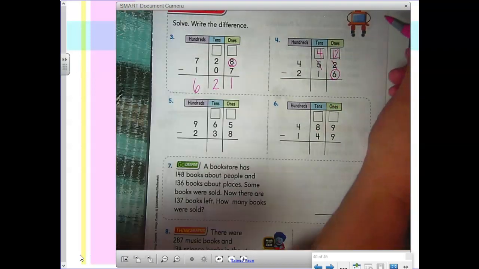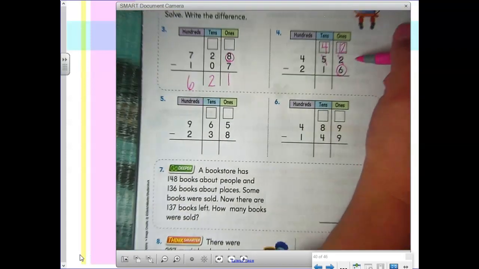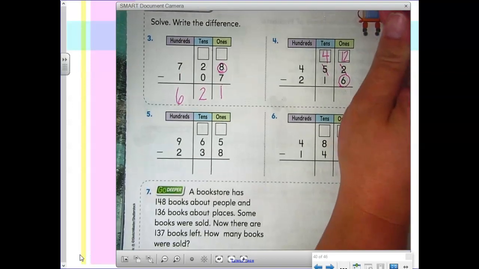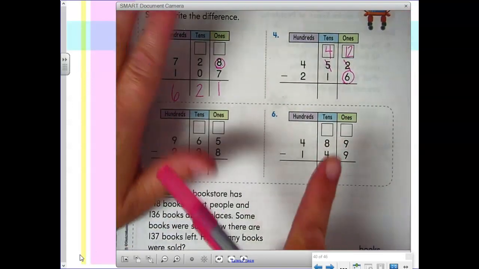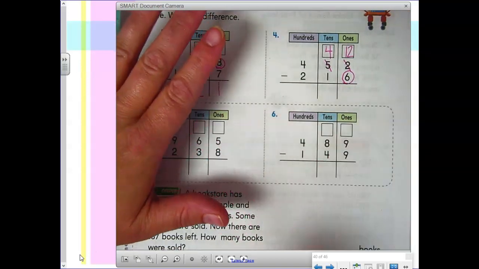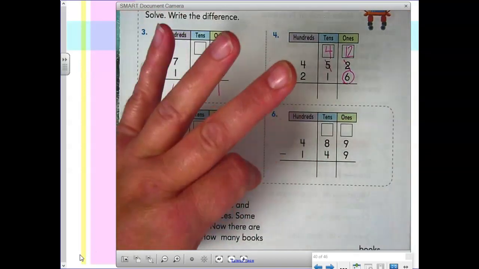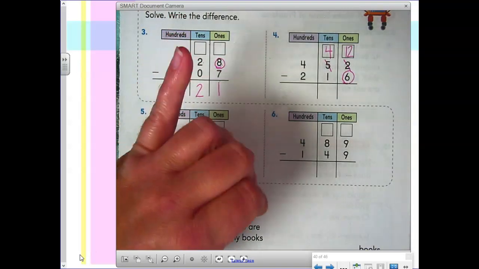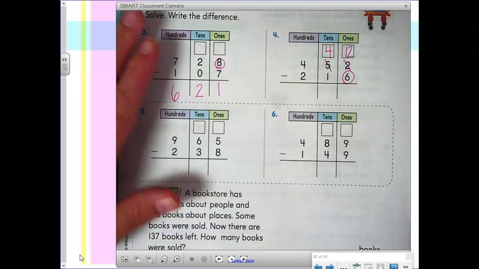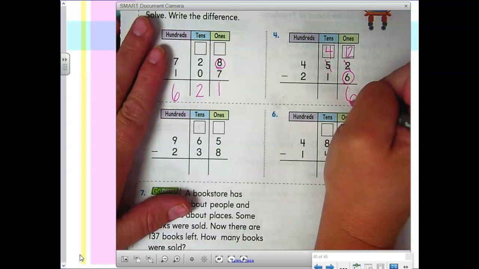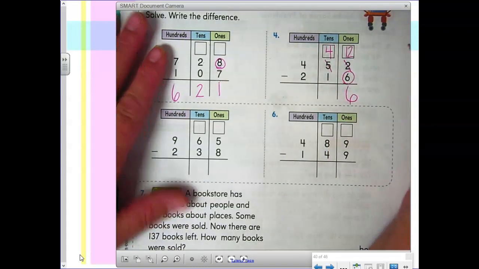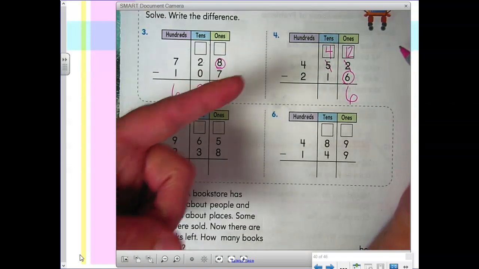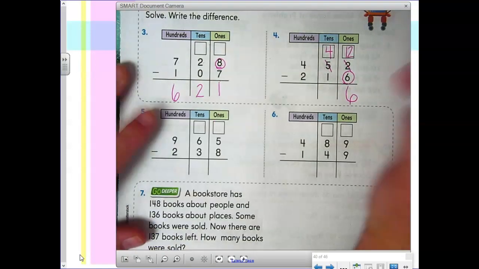Now I can subtract. 12 minus 6. Count back. 12, 11, 10, 9, 8, 7, 6. In your tens place, 4 minus 1, 4, 3.